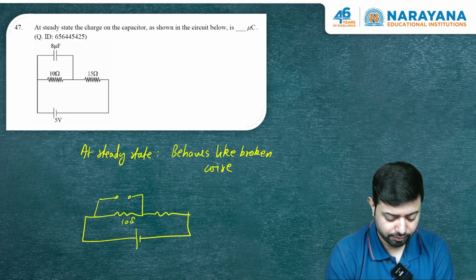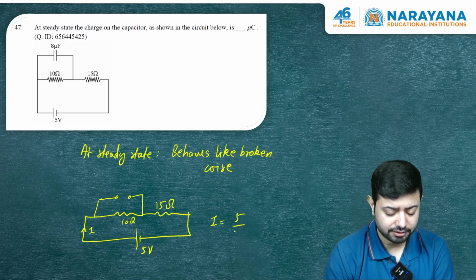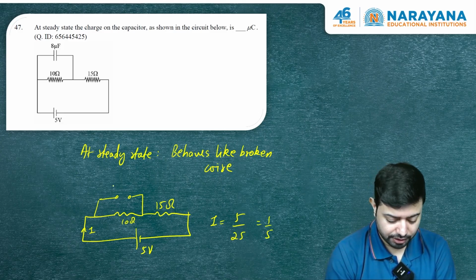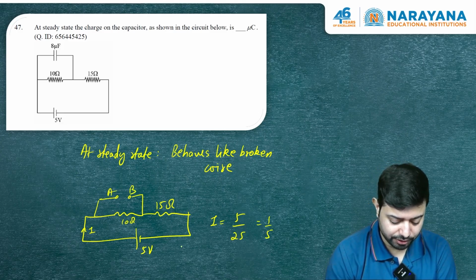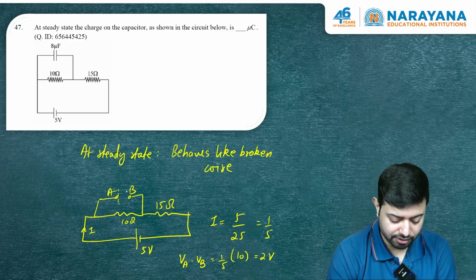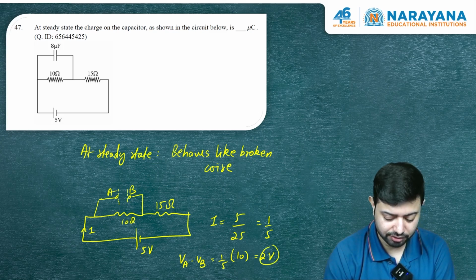This is 10 ohm, this is 15 ohm, this is 5 volt. So, what is the current flowing through it? 5 by resistance 25. So, this is 1 by 5 ampere. Now, if I talk about the potential difference between A and B, VA minus VB will be current into resistance, which is 2 volt. That means, if I have capacitor plates here, the potential difference is 2 volt.